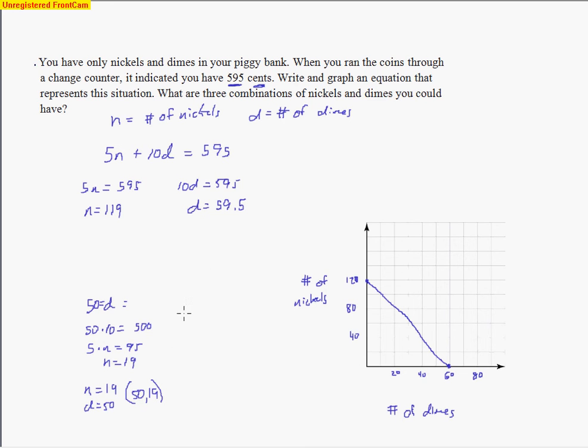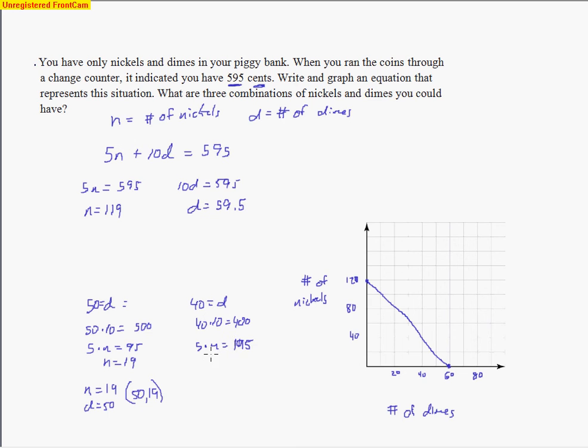Another one, just one more here, would be, let's say I had 40 dimes. D equals 40. So 40 times 10 gives me just 400. So that's $4. And if I need to get up to $5.95, well, 5 times n equals the remaining 195 cents.